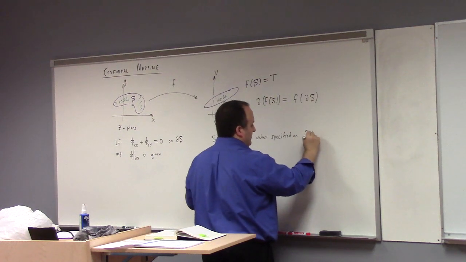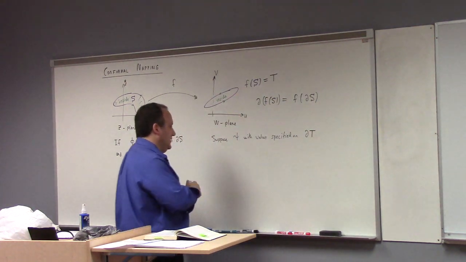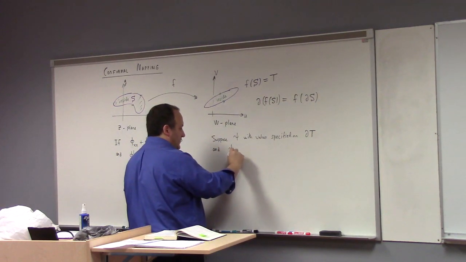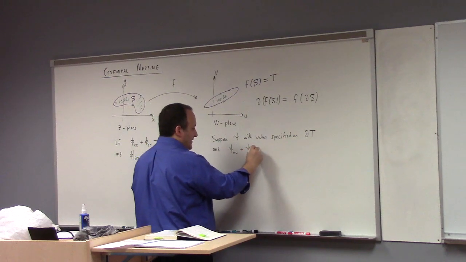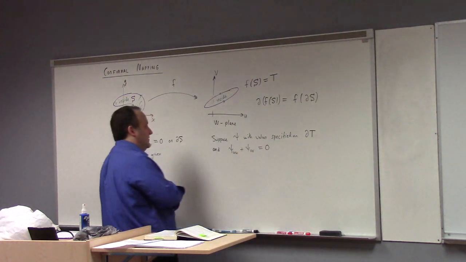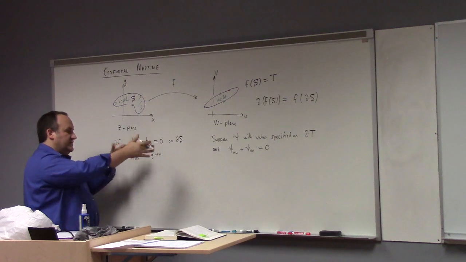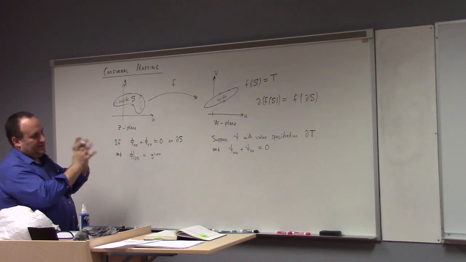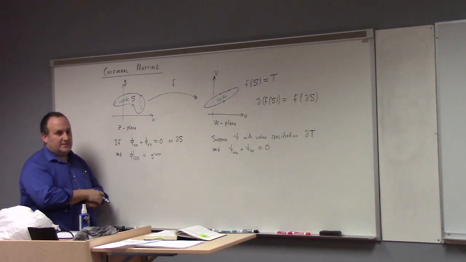So on the boundary of T, all right? And you've got psi uu plus psi vv equals 0. So we've got a solution to Laplace's equation over there that has specified values on the boundary of T.